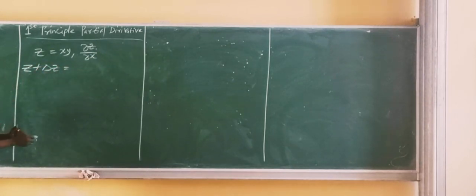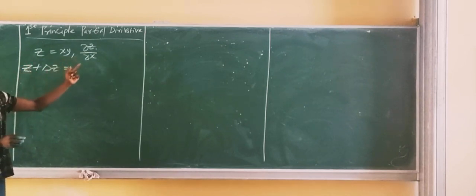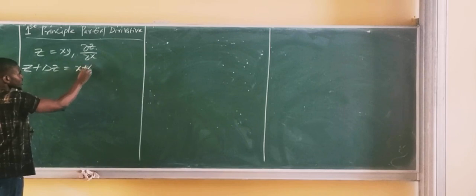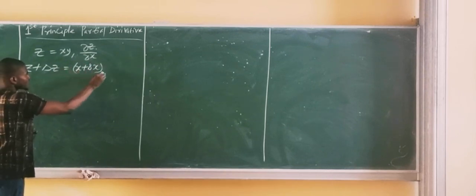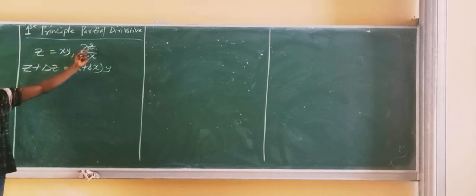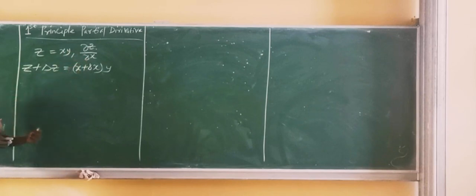Notice that since z is changing with respect to x, then I'm going to have x plus change in x, while y is kept constant, because the question says define partial z, partial x.